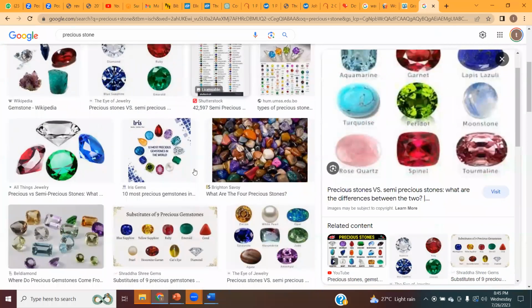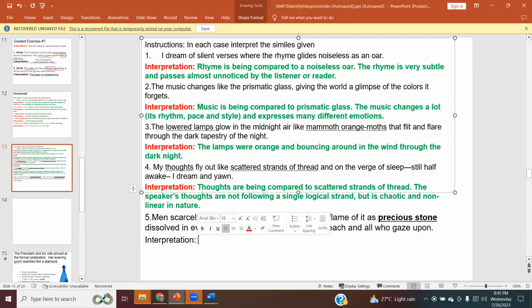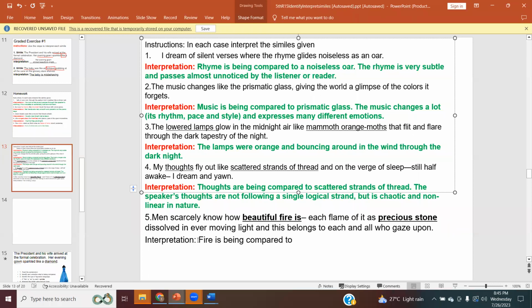So how is fire similar to these precious stones? Color. Okay. So here we have that fire is being compared to precious stone. And what they're trying to say is that fire is beautiful.